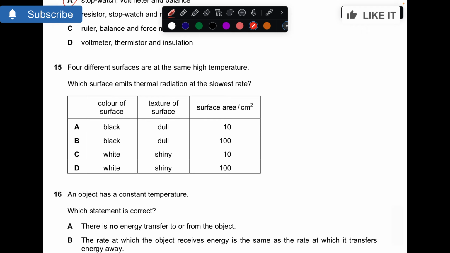Good absorbers are good emitters. We know black is a good absorber and good emitter. So we will choose white, and we will choose shiny. Shiny surfaces are also bad emitters, and a surface with a bigger surface area will emit more. Sorry, we have to choose the slowest, so we will choose the smaller surface area. So option C is correct.